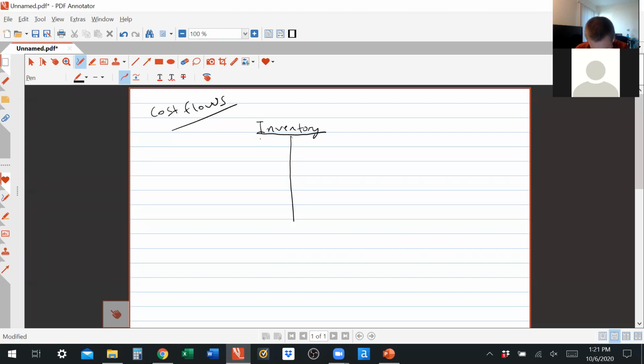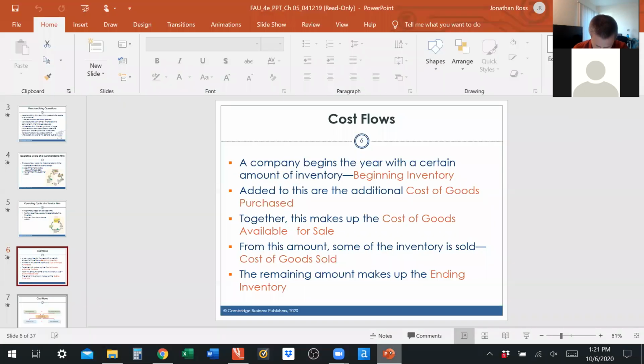We start the year with some beginning balance, or we start the month, or at the start of the period, there's a beginning balance. So we begin the year with a certain amount of inventory.